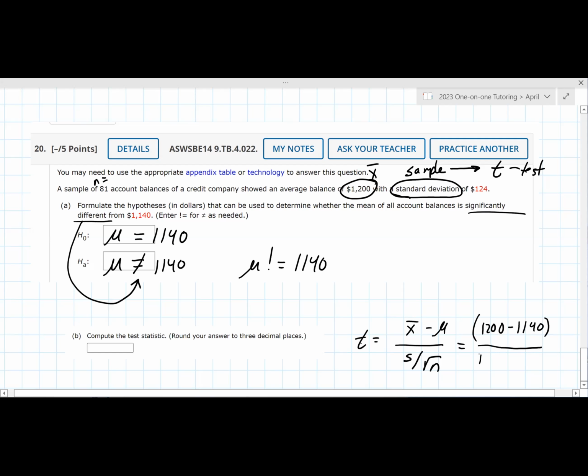S instead of sigma, that's 124 divided by the square root of 81. Now it's to 3 decimal places though. So typically T's are out to an extra decimal place in your course. So let me know what you come up with for that, please.